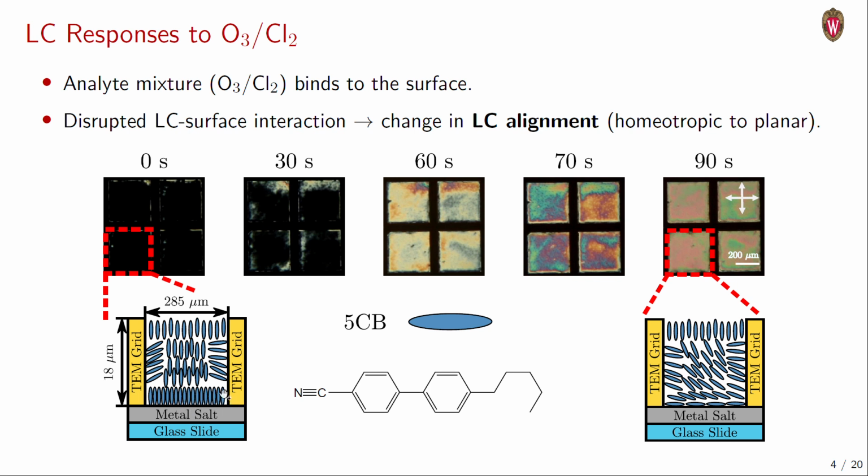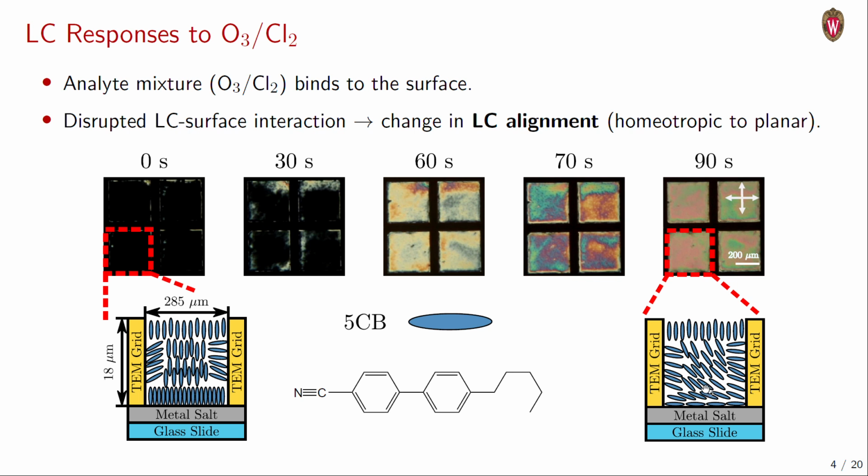When sensors are exposed to gaseous analyte, the analyte diffuses through the LC film and binds to the chemically functionalized surface, which disrupts the molecular interactions between the surface and the liquid crystal, resulting in a change in the alignment of the LC from homeotropic to planar.